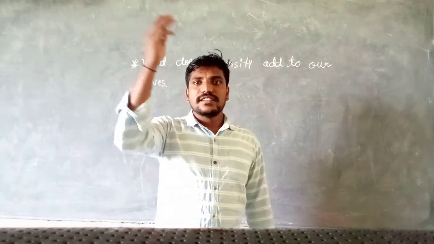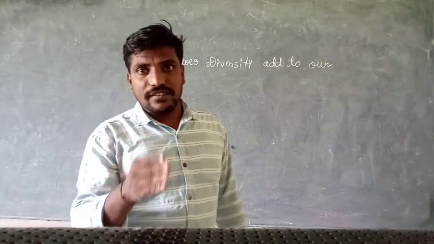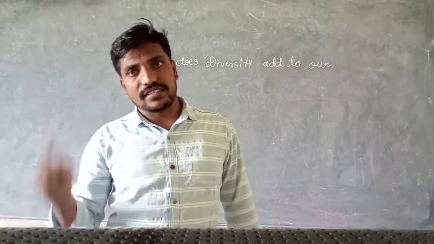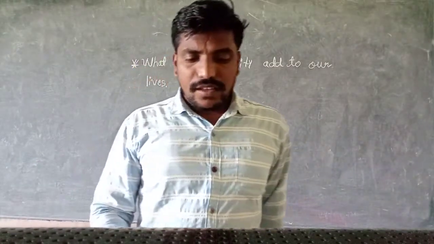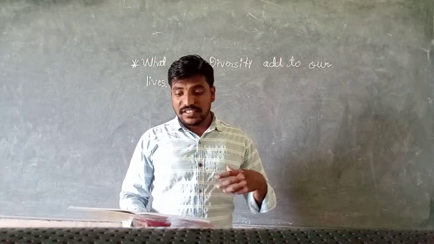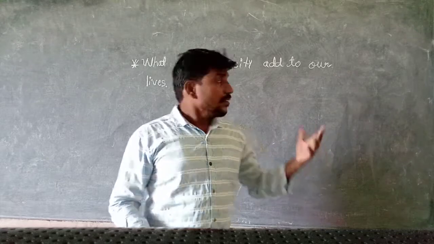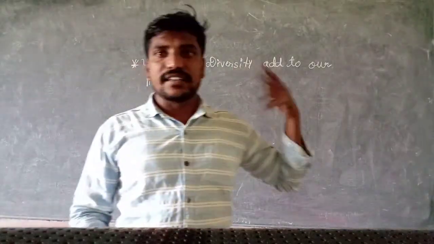So these differences are called diversity in several ways, right? So the next point: imagine a situation where everything looks the same. Then why is it required? So the next point, we will discuss why it's required.